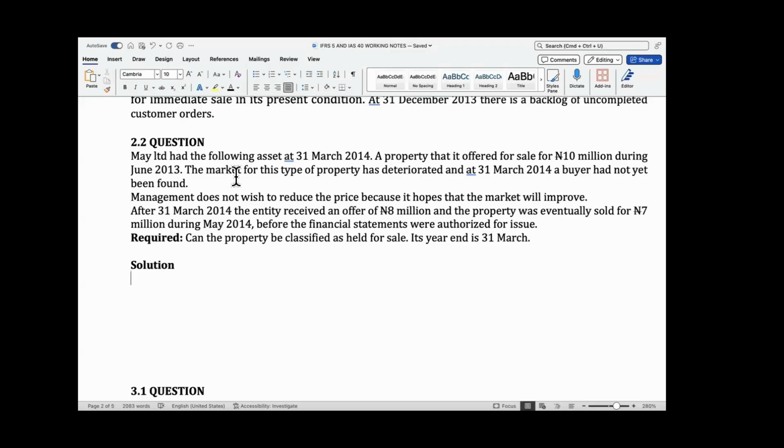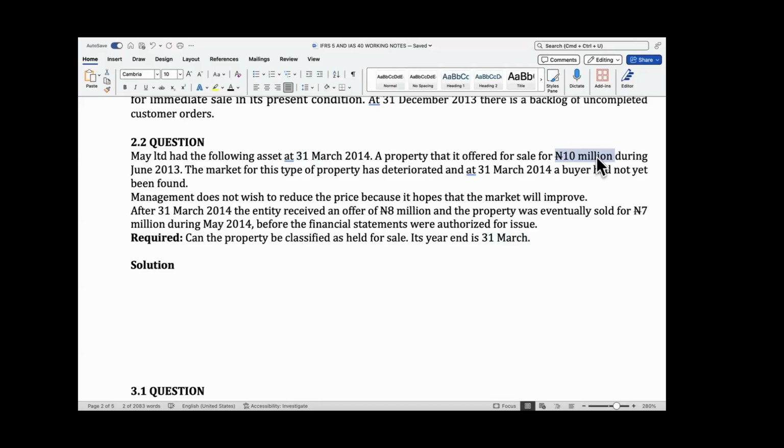Thank you very much, Femi. So can we classify it as held for sale as at March? So in March we had the following assets. We had a property whose selling price is 10 million, which we want to sell.